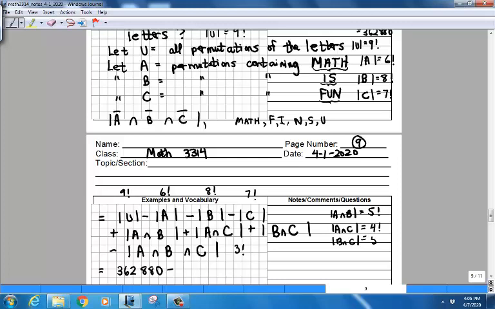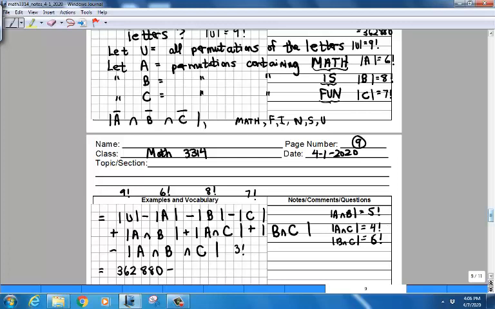That's 1, 2, and then, oh, that's 6 factorial, correct? All right, so yeah, that one is 6 factorial. Okay, now you're done.